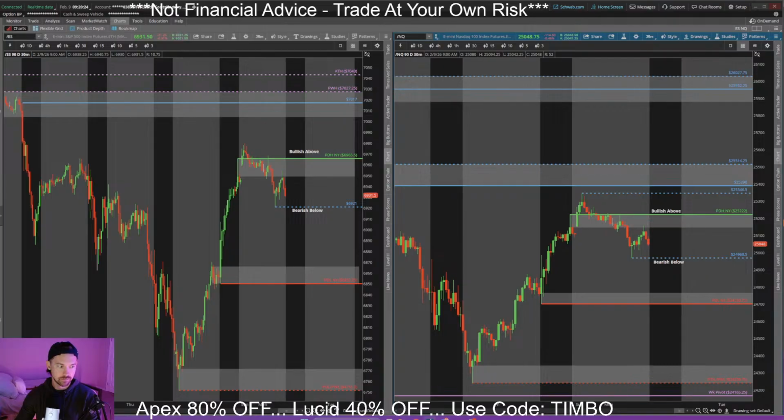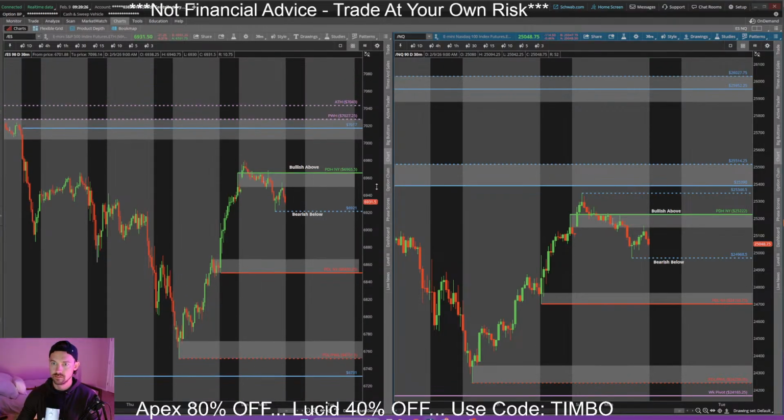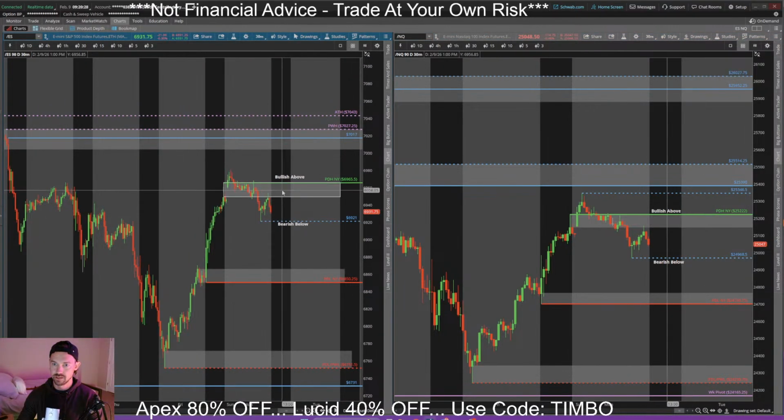So that's my game plan here, basically looking at the previous day high zone as the main area to watch.